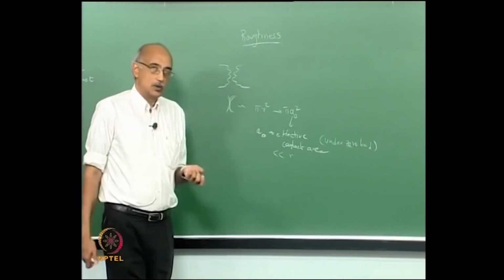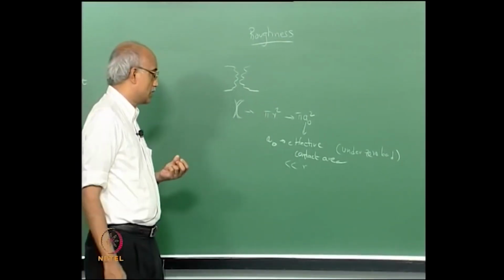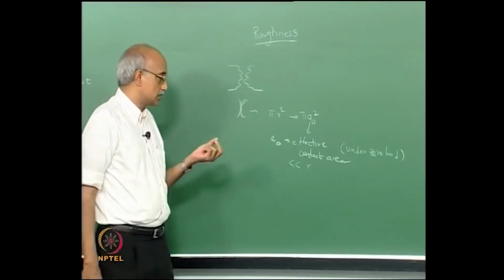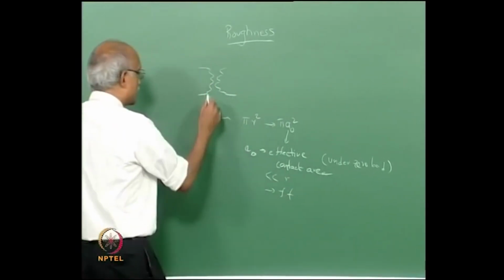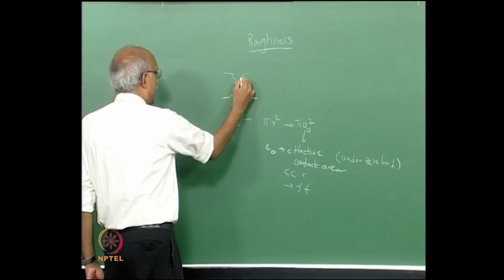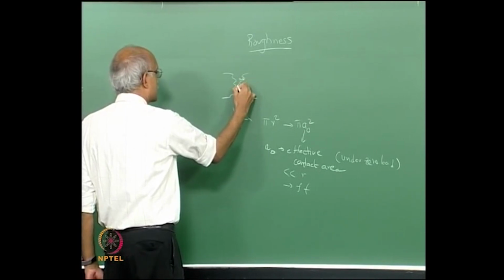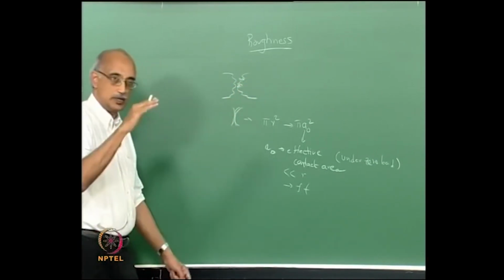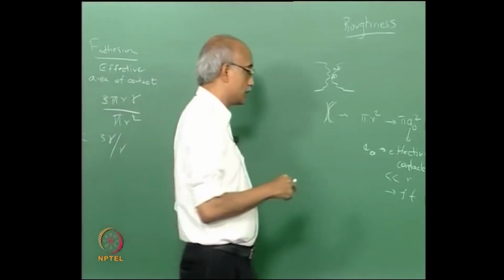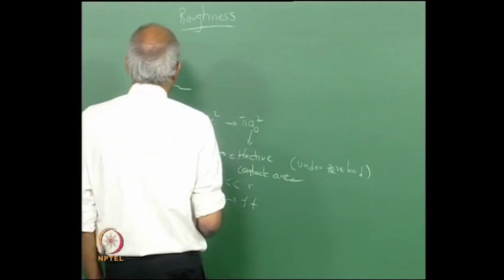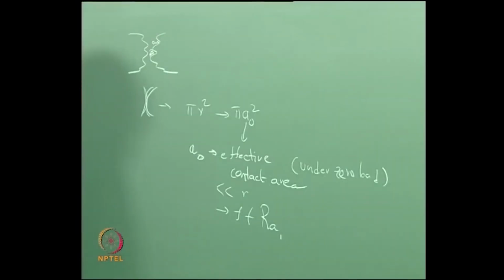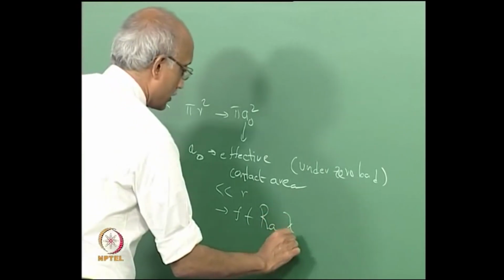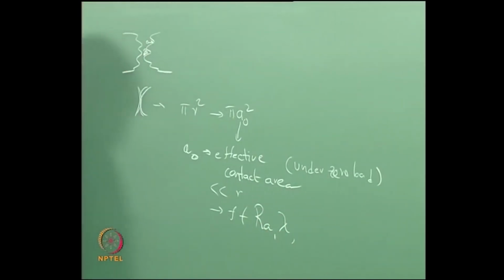What does this A0 depend on? The effective contact area is certainly a function of the roughness asperities, both the height of the asperity as well as the distance between asperity peaks. So, it depends on an RA value, a roughness height value, as well as a frequency or wavelength of roughness on the surface.